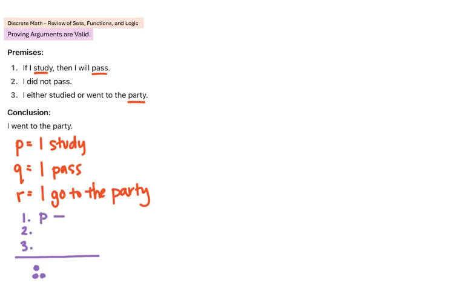That's saying P implies Q. 2 is I did not pass, so that's not Q. The third one is I either studied, so that would be P, or I went to the party, which is R, and then the conclusion is I went to the party, R. So again, when you're trying to prove a valid argument, you need to make two columns. You need to make statements and justifications or reasons.